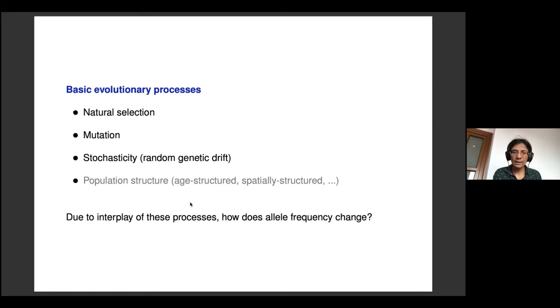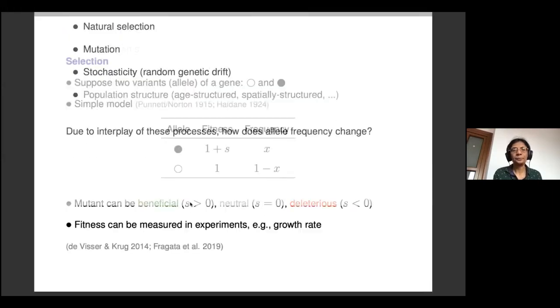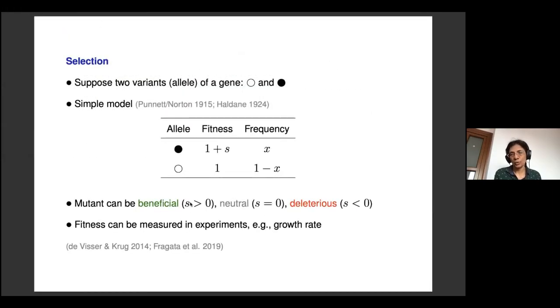The broad question then is, due to the interplay of these processes, how does the frequency of an allele change with time? So let me say a little bit about each of the first three in brief. Selection. For today, I'll deal with a single gene, and the gene has just two variants, which in this literature are called alleles, the light one and the dark one.